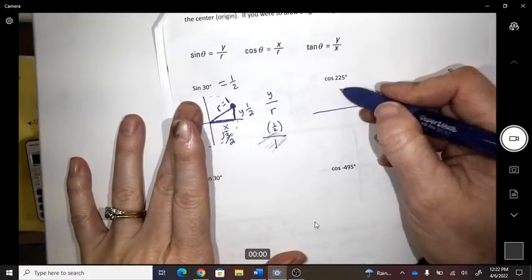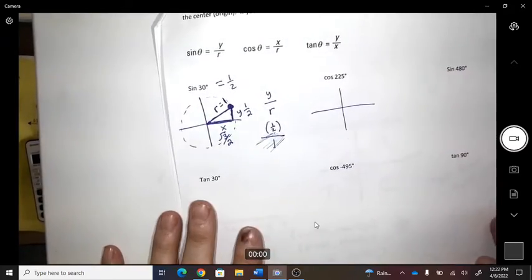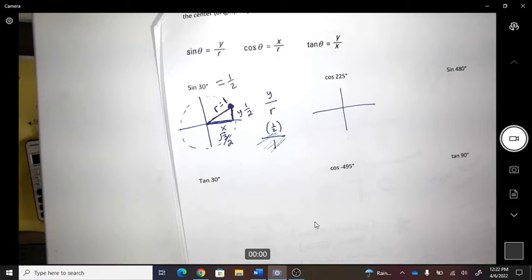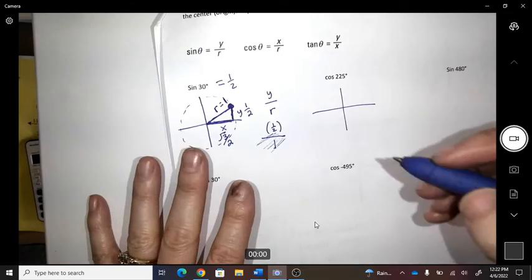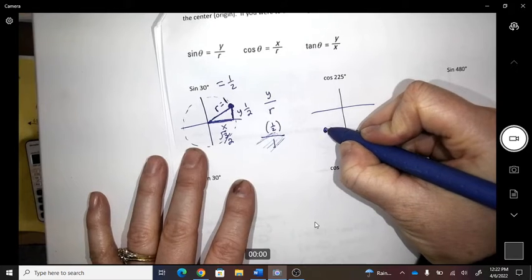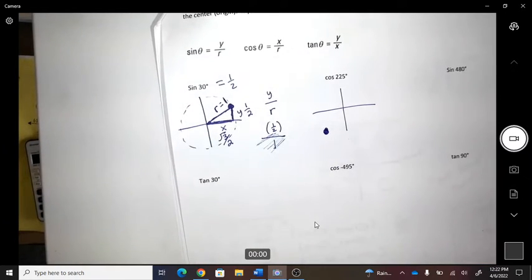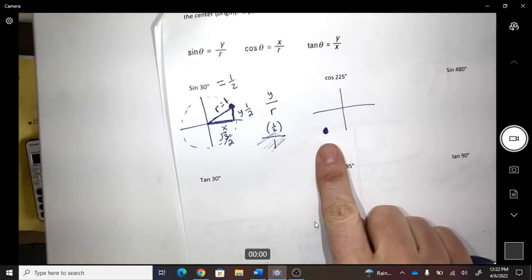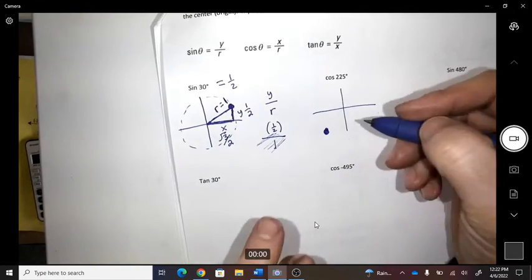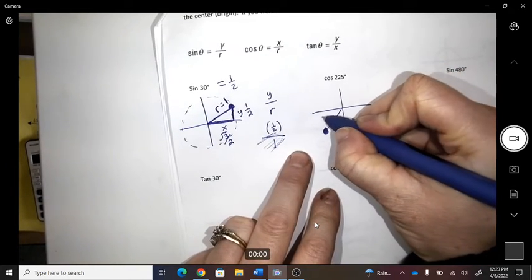Okay, 225. Can you draw me the dot? Where are you? Okay, are we okay with where the dot is? 225? Make a triangle.